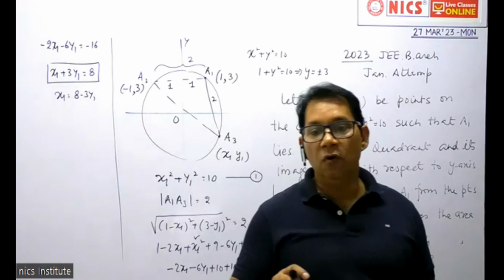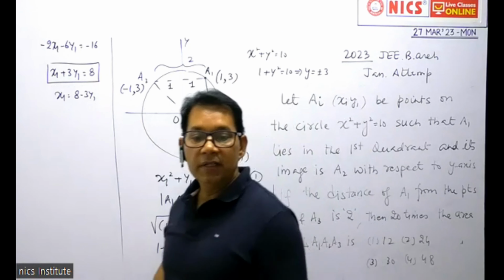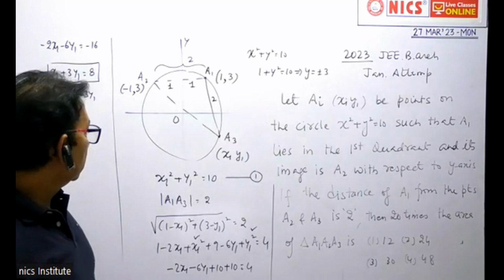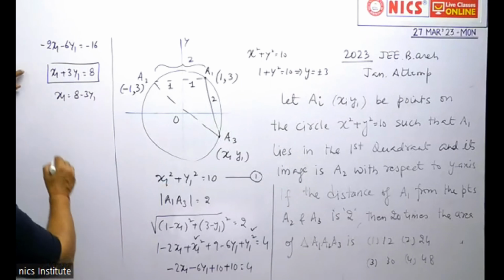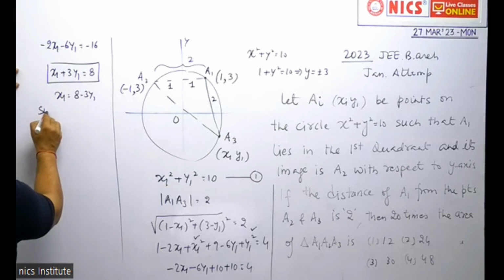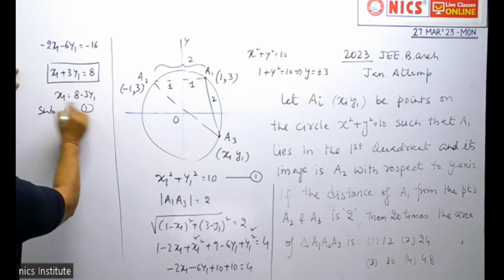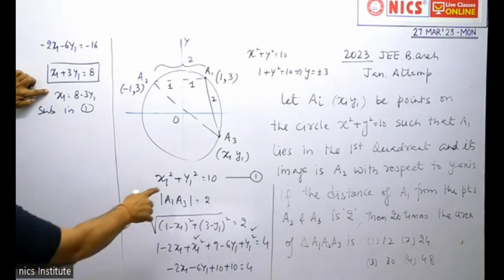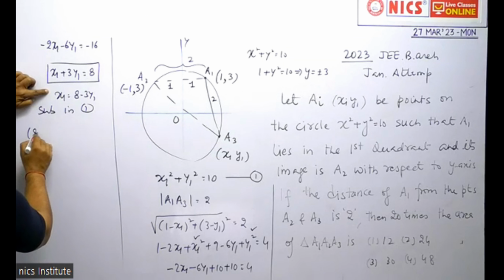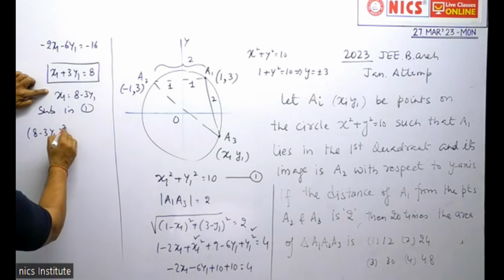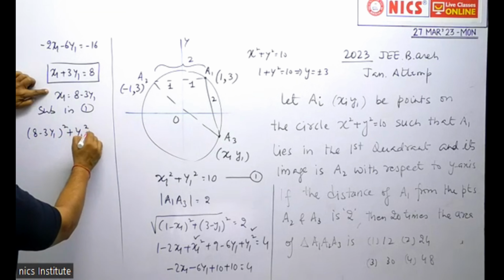So this value of x1 you can substitute back into equation number 1. This x you substitute over here: (8 minus 3y1) whole square plus y1 square equal to 10.